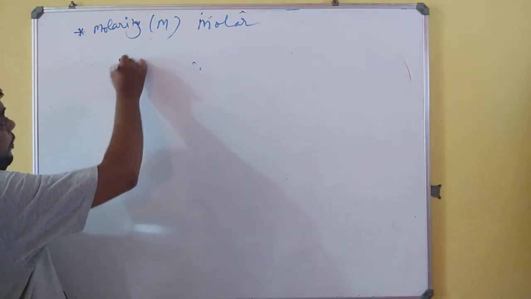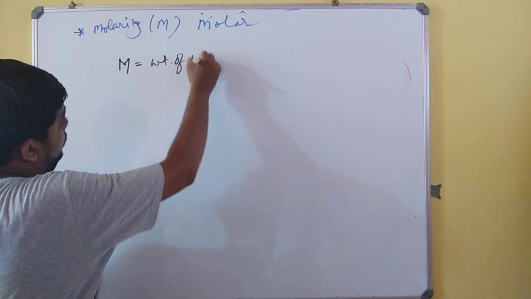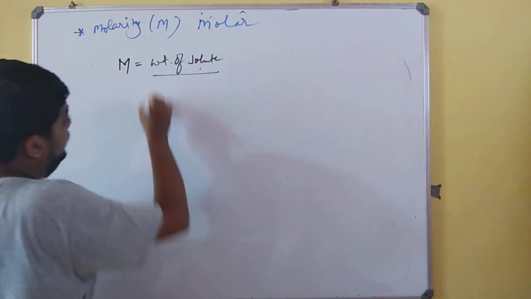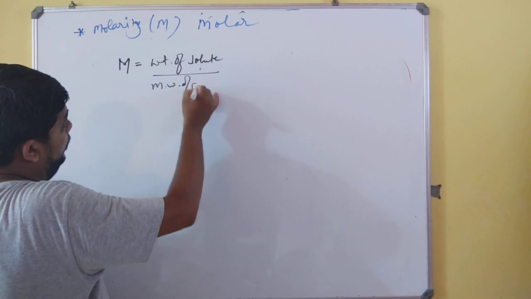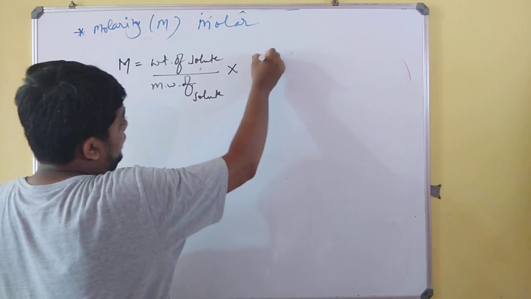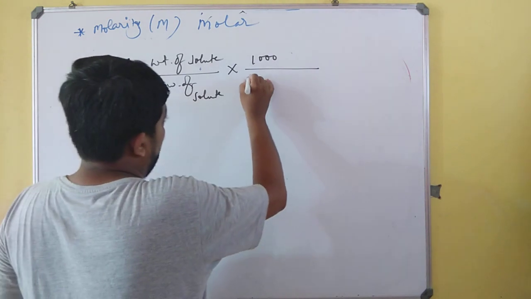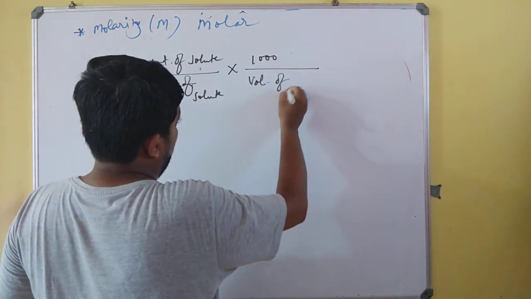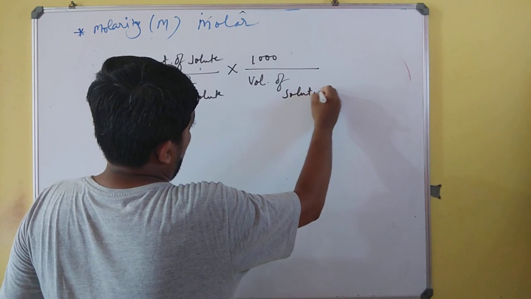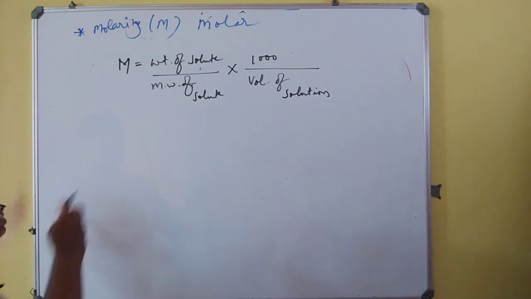So when we say molarity, it would be weight of solute divided by molecular weight of solute multiplied by 1000 and whole divided by volume of solution.